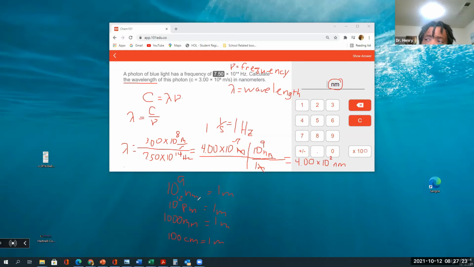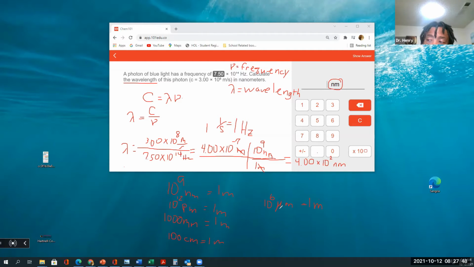The other one that you're going to see a lot if you go into nursing or in medicine is micro. You'll see it written as this. This guy's called mu. And so a micrometer is 10 to the 6 micrometers equals 1 meter.